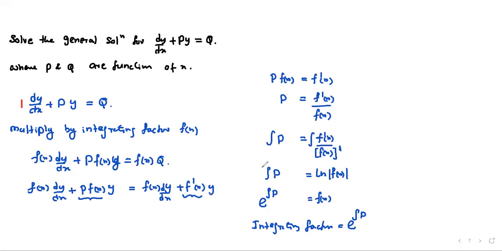Therefore you can write the integrating factor. So how do you get this integrating factor? From this example, if you isolate y, the rest of the term, the coefficient of y, is what gives the integrating factor, right?